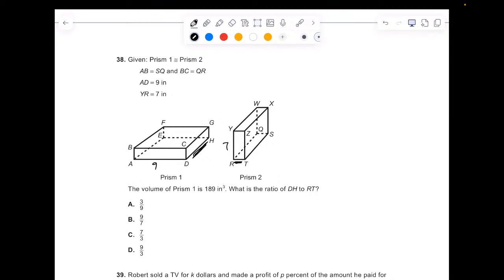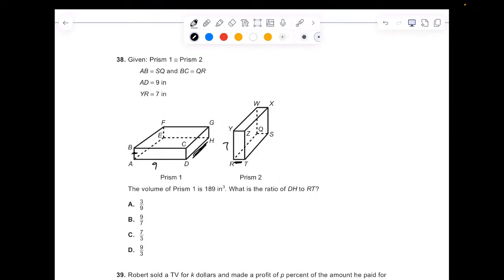Oops. Let me think. AB is equal to SQ. I gotta orient myself.